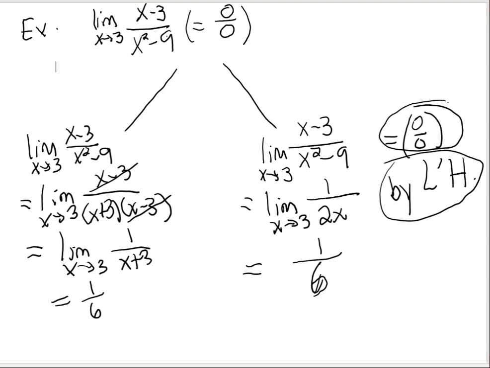So it does seem to work out, at least in this example, and L'Hopital's rule says those two will always coincide, that if you can solve it by algebra and it's in an indeterminate form, or you solve it by L'Hopital's rule, it doesn't matter, they'll be the same.